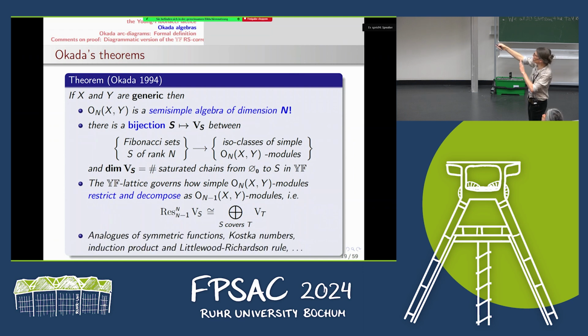And finally, this is important, but not for this particular talk, he defined a theory of symmetric functions here, called Clone functions. There are Kostka numbers, there's an induction product, and indeed there's even a Clone Littlewood-Richardson rule. But we won't go into that.